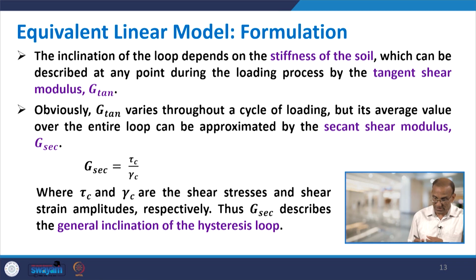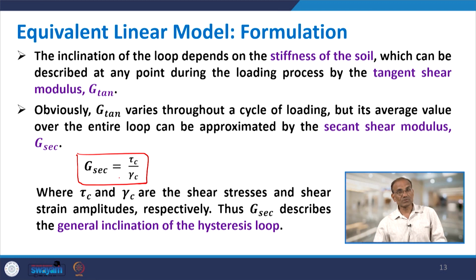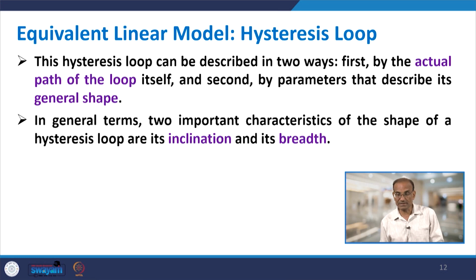This secant modulus will give the average slope of this loop, rather than varying from point to point. Here tau c and gamma c are the shear stress and shear strain amplitude respectively, and G-sec describes the general inclination of the hysteresis loop. So, this parameter defines inclination.